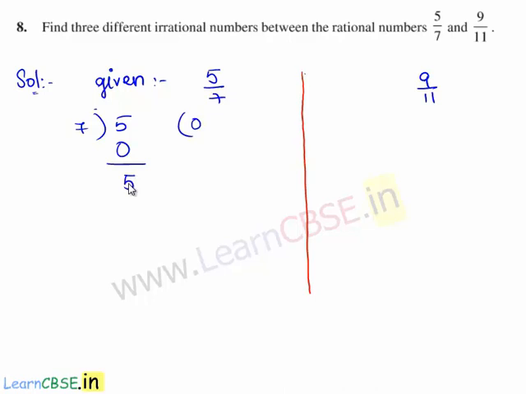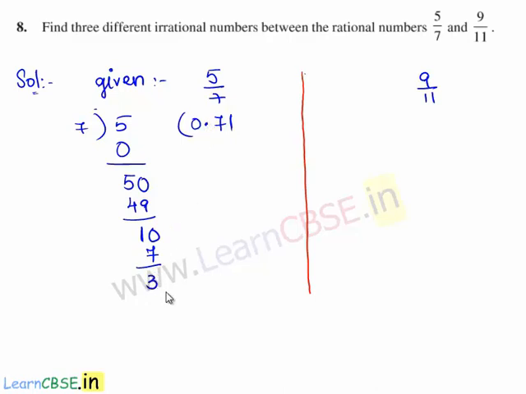Since 7 does not go in 5 again, we take a decimal point and now 5 becomes 50. 7 goes in 50 7 times. So 7 times 7 is 49. And we are left over with 1 as remainder. Since we have taken the decimal point, 1 becomes 10. 7 goes in 10 1 time. The remainder we get is 3.